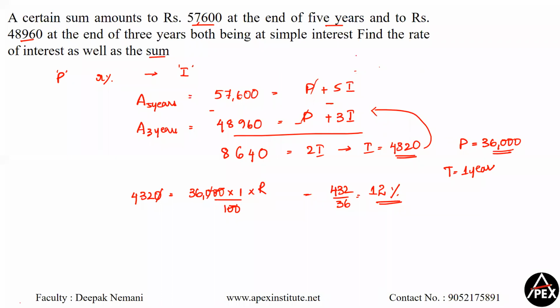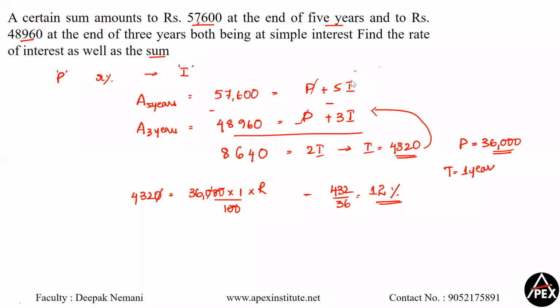Clear? So this is the easy way to solve this question. How many of you have considered the formula of amount, like P plus PTR by 100? You can also try to solve it like that, but it will be a tedious process and requires more time.